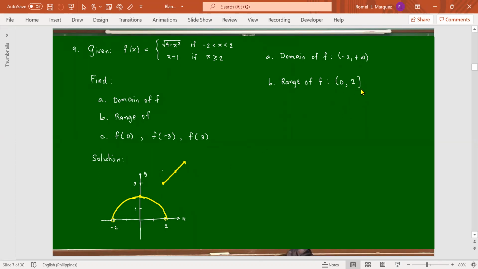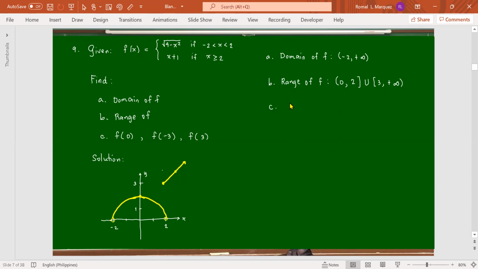But there's no graph between 2 and 3. So we have union with, we start with 3, 3 to positive infinity. So this is the range. We look at the y values.